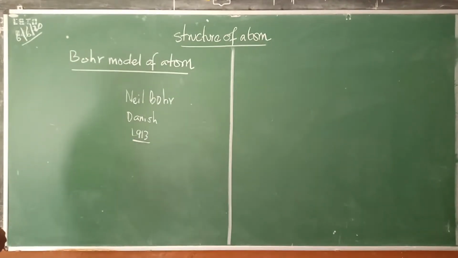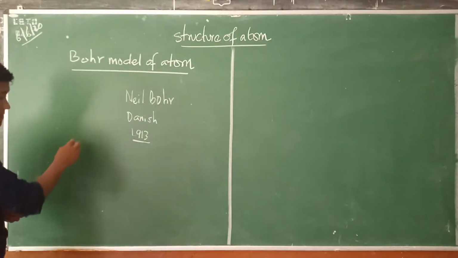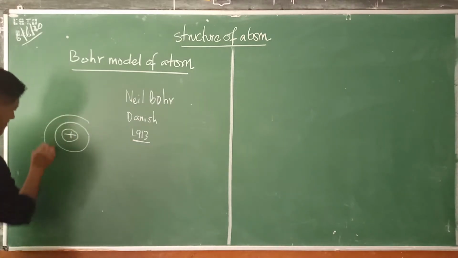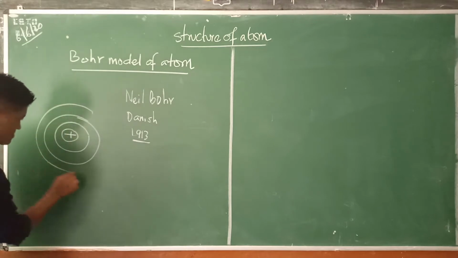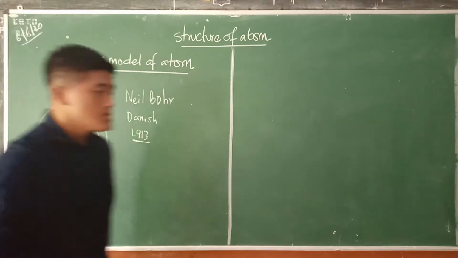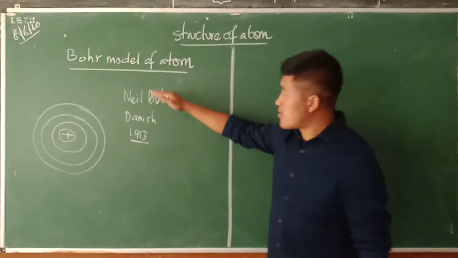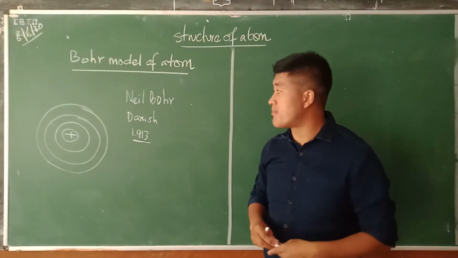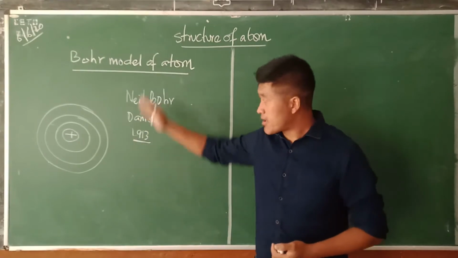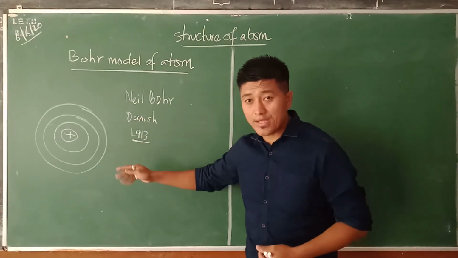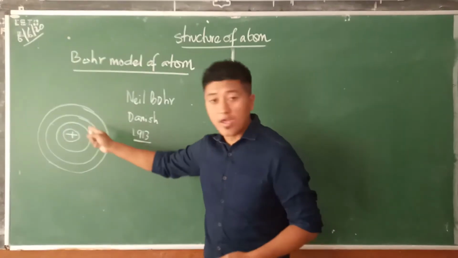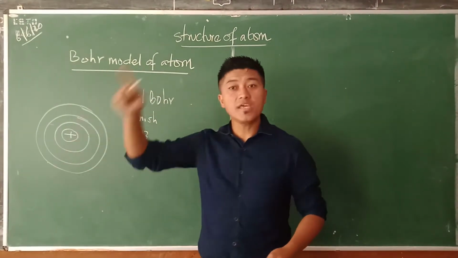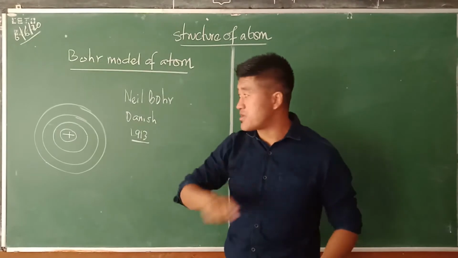Is that clear? Now, according to him, I'm going to write here. According to Niels Bohr, he gave certain postulates, certain conclusions about the model of atom. He concluded that the electrons are revolving around the nucleus, or the positive center, in a particular kind of energy level.